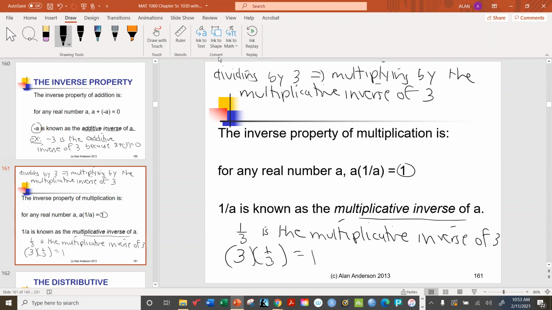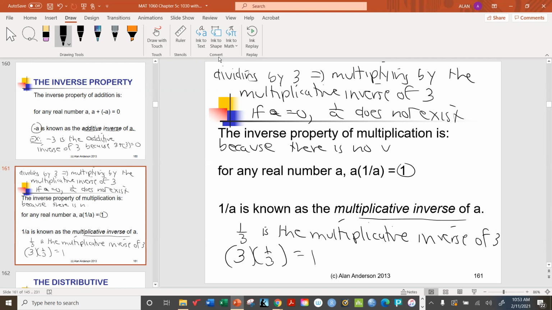So there's the rub with 0. For if a is 0, 1 over a does not exist because there is no number x such that 0 times x equals 1.